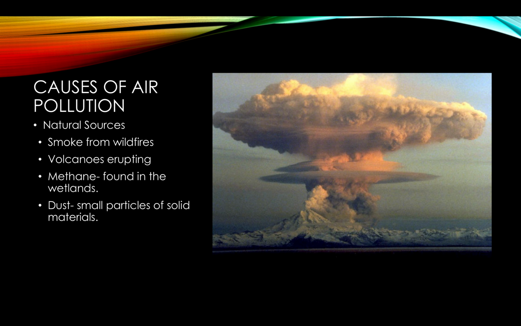And another one is volcanoes erupting, and that can release all types of different gases up to the air, CO2, methane, sulfur dioxide, and nitrogen. All those types of gases can be released up into the air.